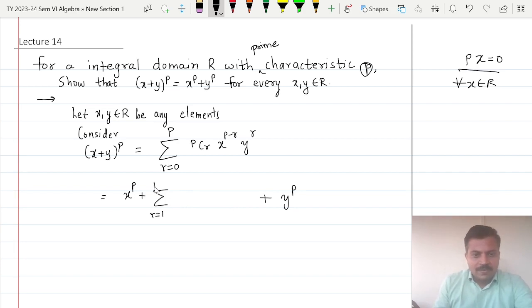And this summation is of pCr x^(p-r) y^r.